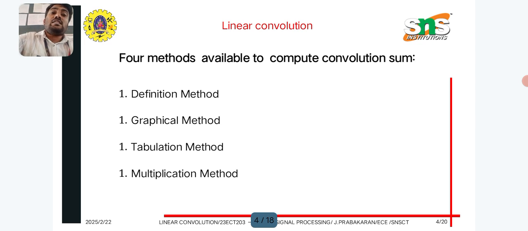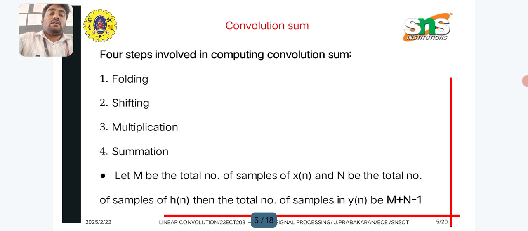Shift h of minus n for different values of n, multiply corresponding elements and sum them. The multiplication method we will explain later.